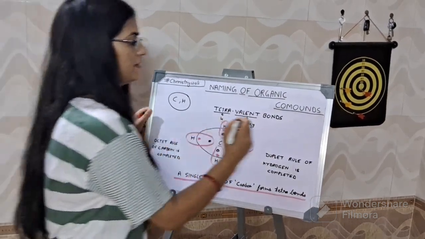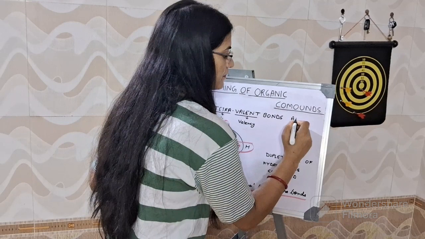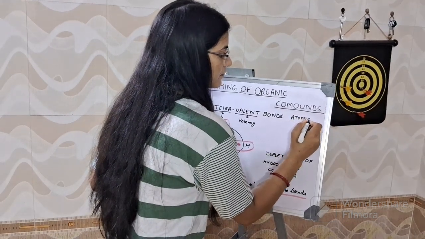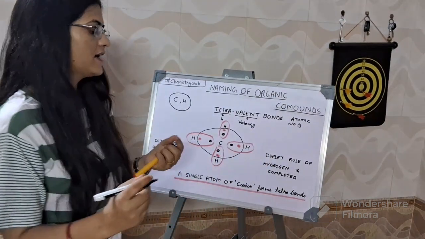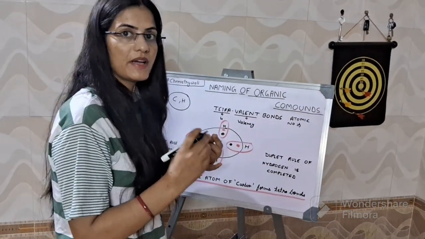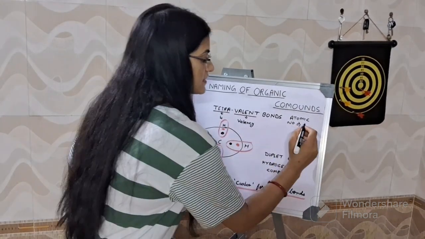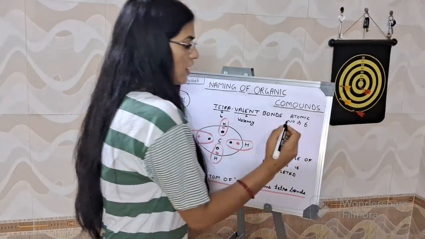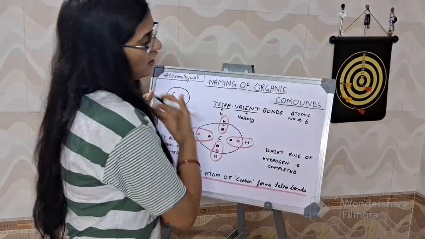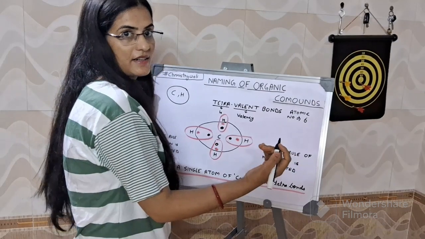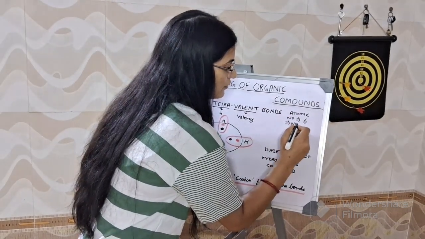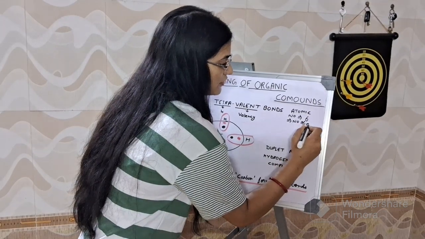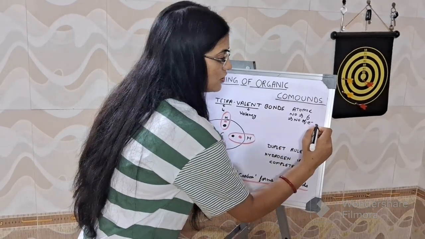So for carbon, the atomic number is 6: hydrogen, helium, lithium, beryllium, boron, carbon, 6. As we know, the atomic number is also equal to the number of electrons. So the number of electrons is also 6.